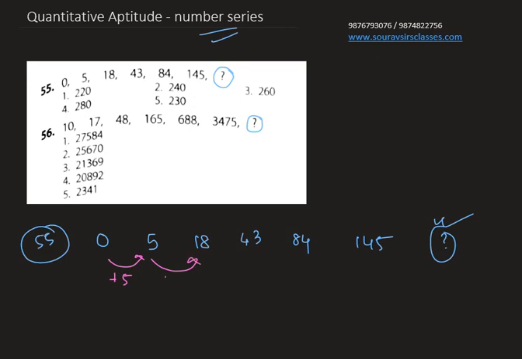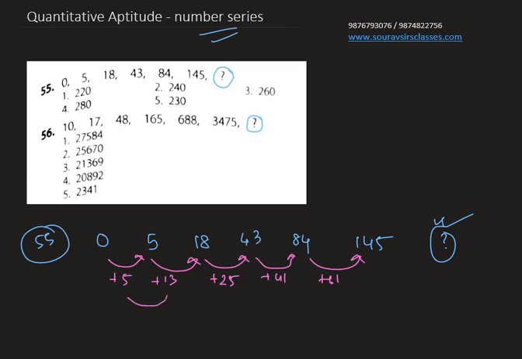If we add 13 then we get 18. If we add 25 then we get 43. If we add 41 then we get 84, and lastly if we add 61 then we get 145.